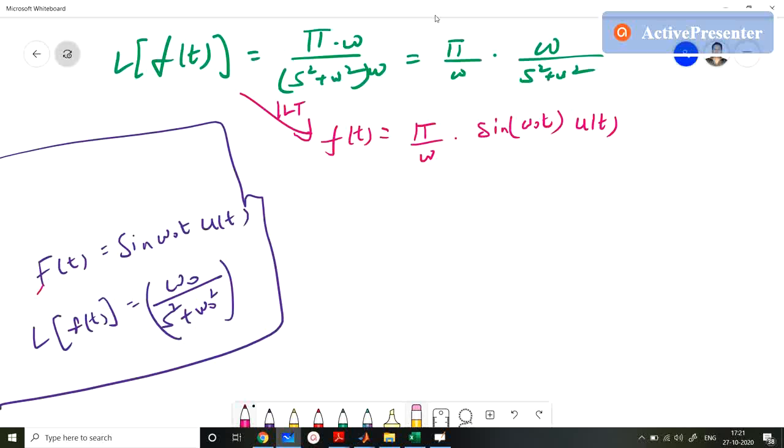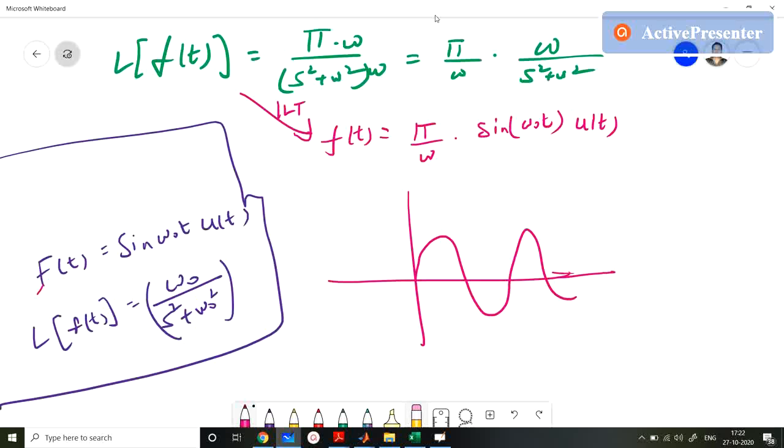Now if we see this expression, this is basically a sinusoidal sequence, and due to multiplication by u(t), it only exists on the positive side. So this is f(t) with respect to t.